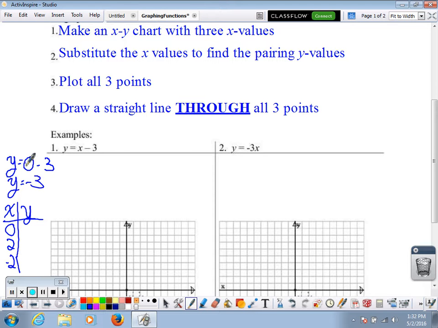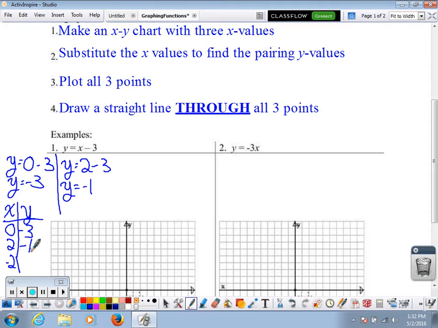So that means that when my X value is 0, my Y value is negative 3. Okay, then I'll do the same thing for the other two. So Y equals 2 minus 3, and 2 minus 3 is negative 1. So when my X is 2, my Y is negative 1.